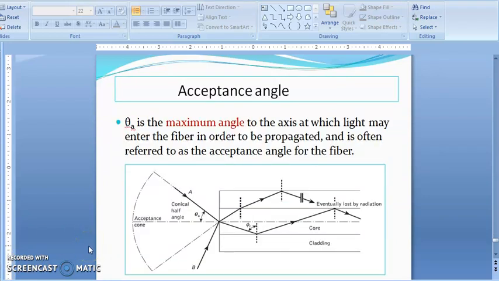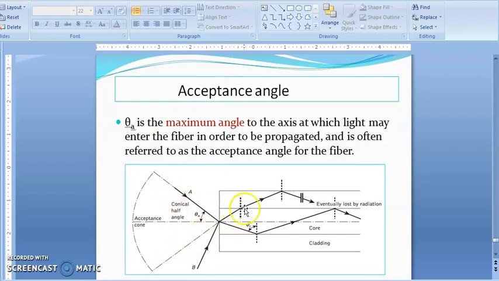Next, what is an acceptance angle? This theta A is called the acceptance angle. It is the maximum angle to the axis at which a light ray may enter the fiber in order to be propagated. So whenever I am launching light, it should lie within this acceptance angle theta A, or within this cone.